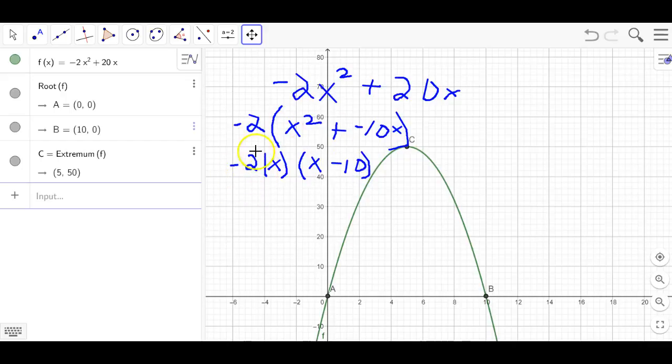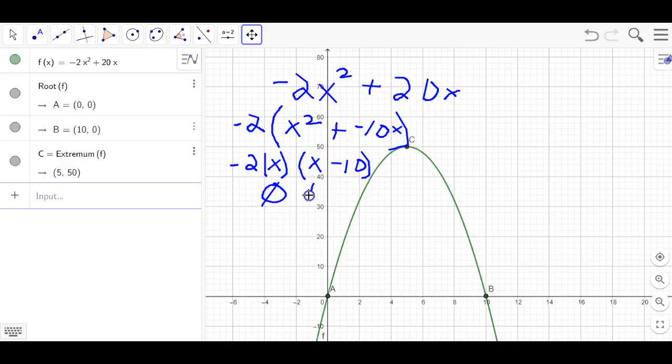I pulled that a out, negative 2. And I've got x and x minus 10. So these are my zeros, right? My zeros right here in factored form. What would turn this into 0 is if x was equal to 0. That would make this a 0 right here, right? And what would turn the other factor into 0?